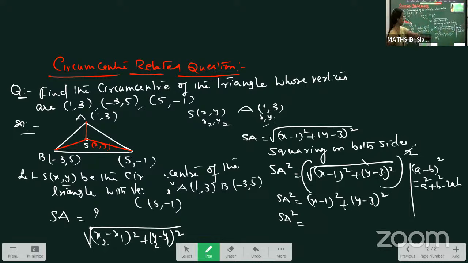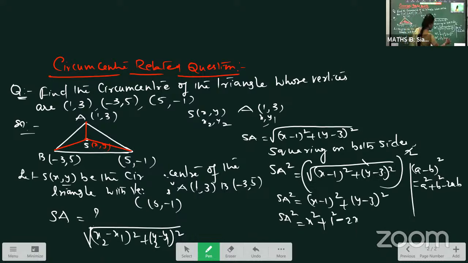When you do 2ab, instead of going like this you will get confused, so multiply the numbers first, it is easy for us. 2 into 1 is 2, 2 into x is 2x.